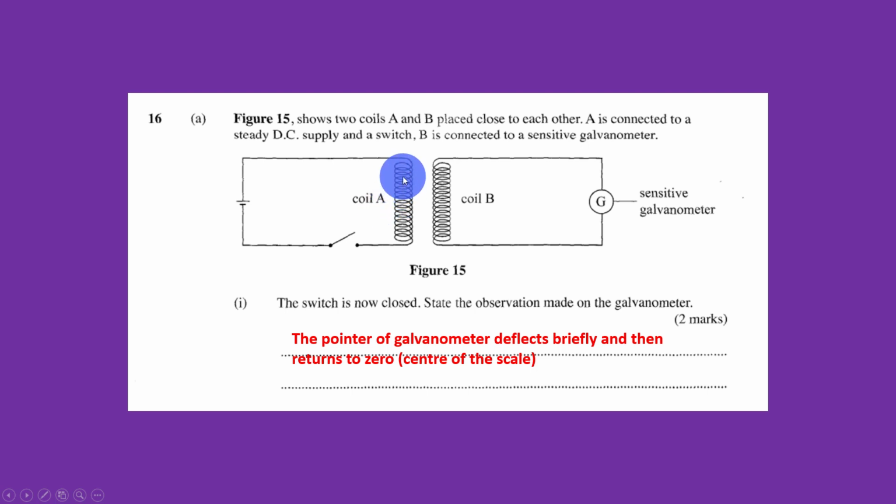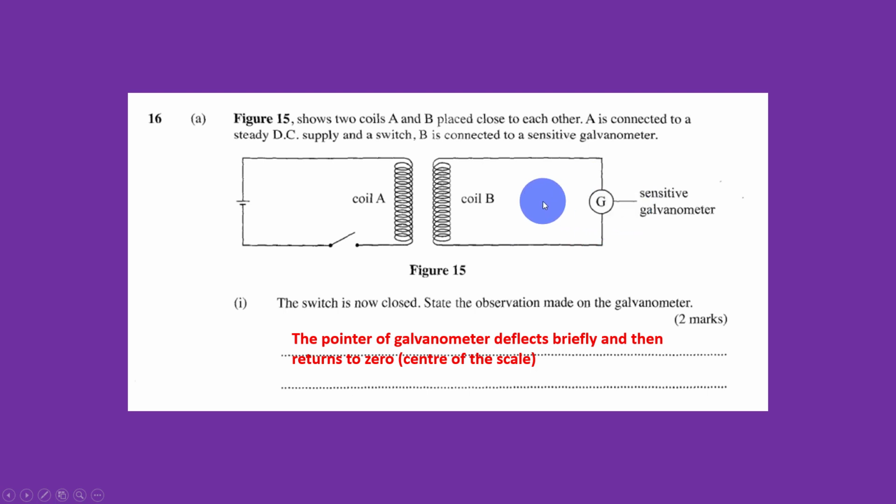That will cause the magnetic field around it to change or to build up. Once it is changing or building up, it's going to cut coil B, inducing an EMF in it. This EMF will cause an induced current to flow because the ends of the coil are connected together via the galvanometer. So the galvanometer deflects due to that induced current.